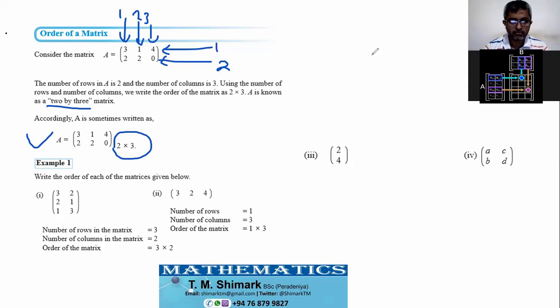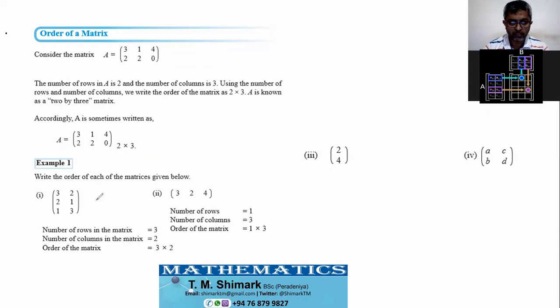If you are asked to write the order of this one, you can see the number of rows is 3 and the number of columns is 2, so the order of the matrix is 3 by 2.